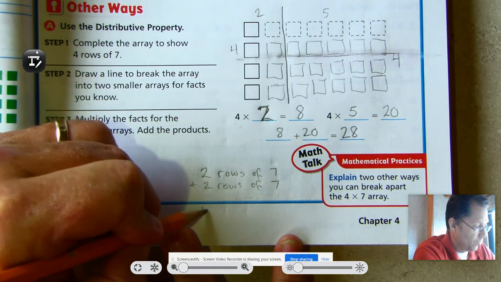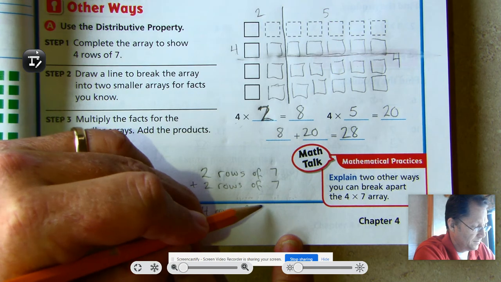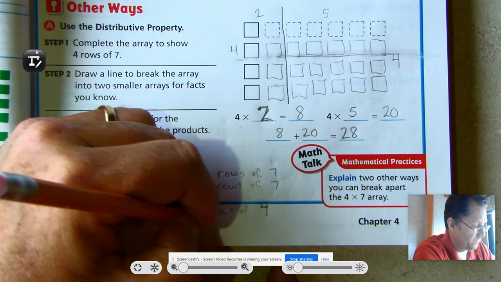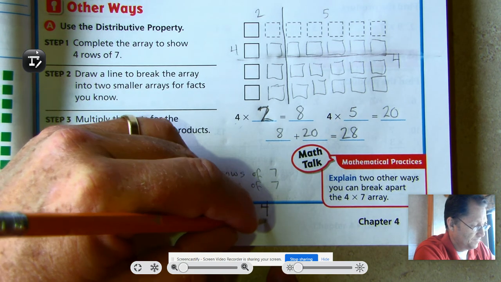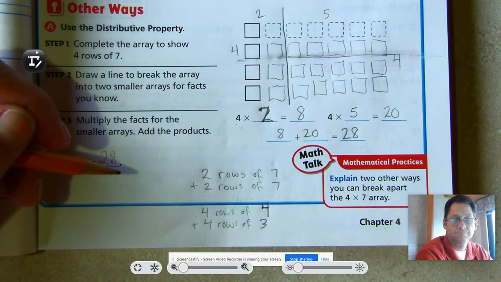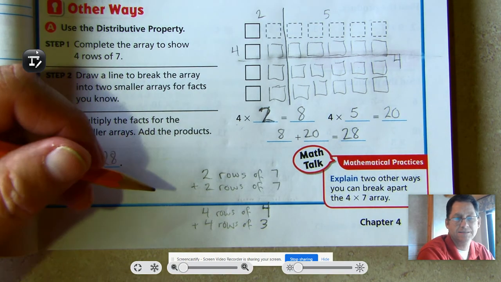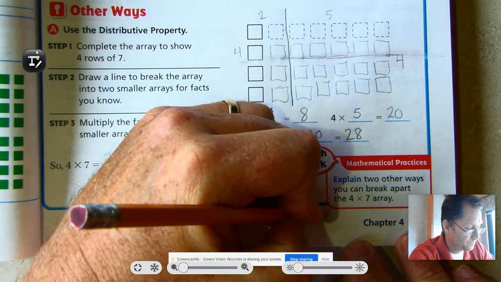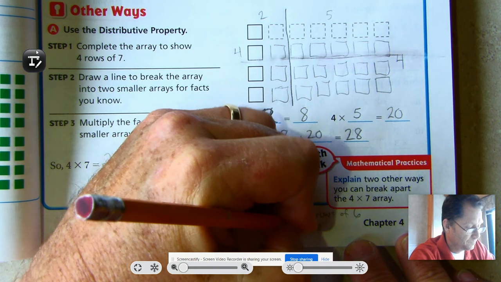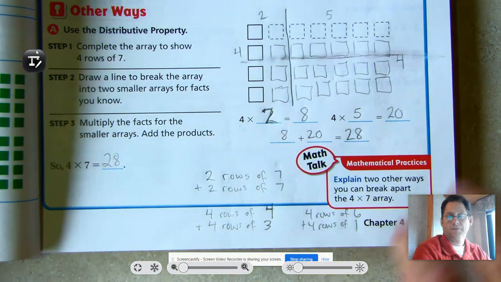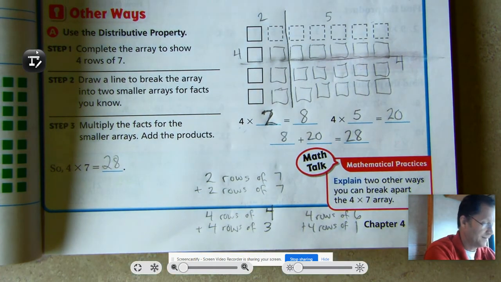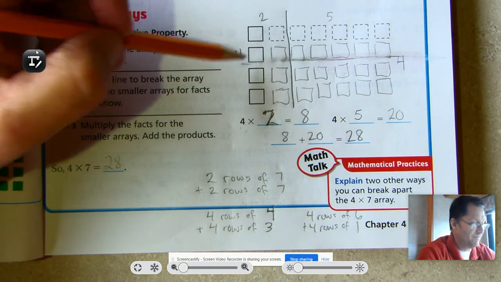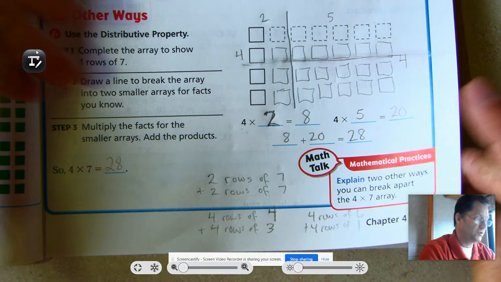We could have had 4 rows of 4 plus 4 rows of 3. And we could have had 4 rows of 6 plus 4 rows of 1. So all those are some different ways we could have broken this array up. I suppose you could have said we could have 3 rows of 7 plus 1 row of 7. Those are all some different ways to do it.